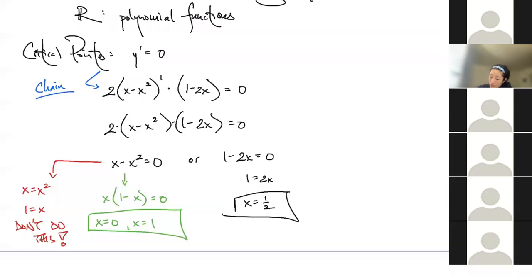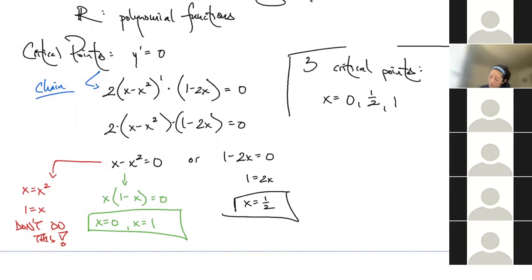So this particular function actually has 3 critical points. They happen at x equals 0, 1/2, and 1. Okay. So 3 critical points.